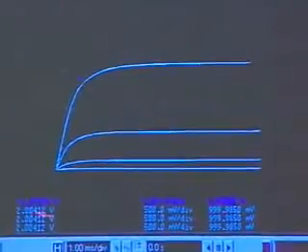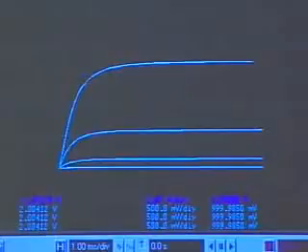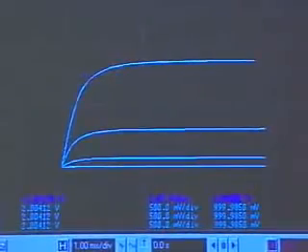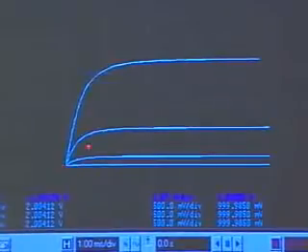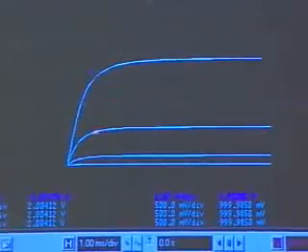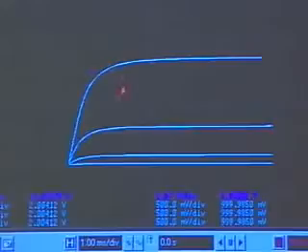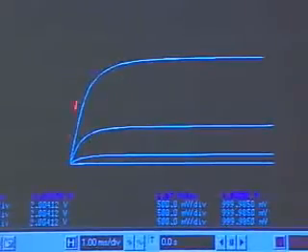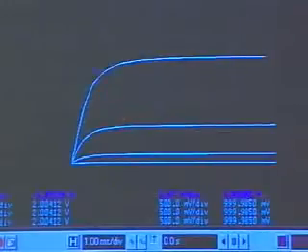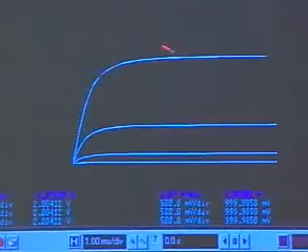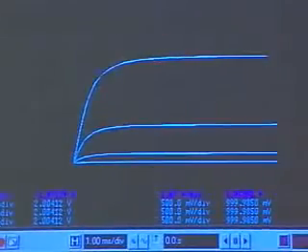So these are the entire curves of the MOSFET. Okay, finally the truth comes out. And notice that when VDS is less than VGS minus VT, more or less resistive behavior. But when VDS is greater than VGS minus VT, I get current source-like behavior.